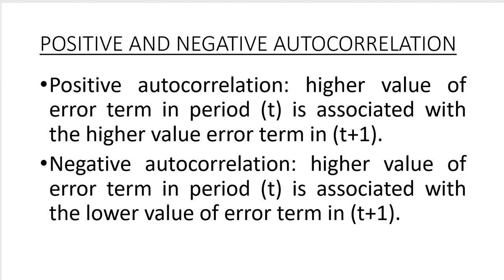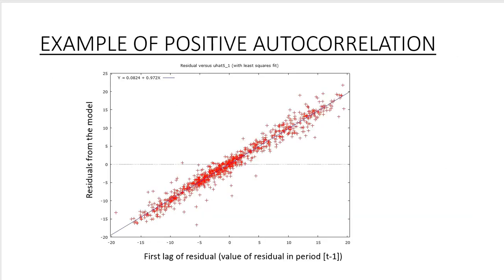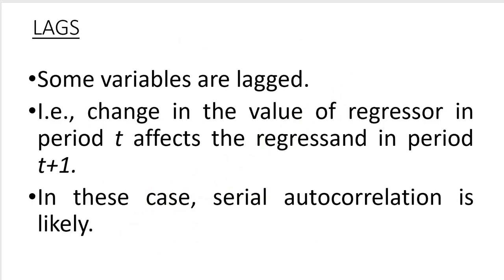For instance, on this graph, you can find an example of positive autocorrelation. Here, the value of the error term is affected positively by the value of the error term associated with the observation in the previous period.